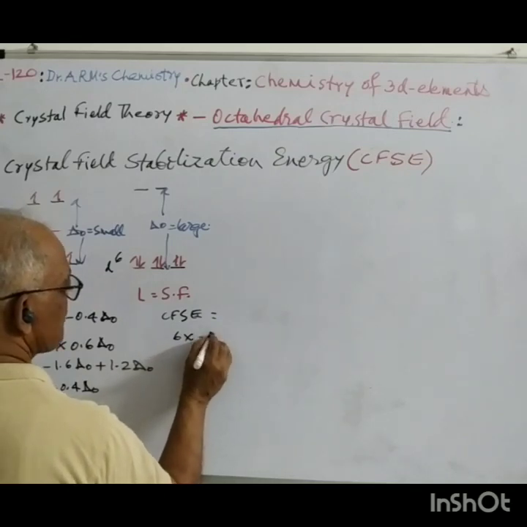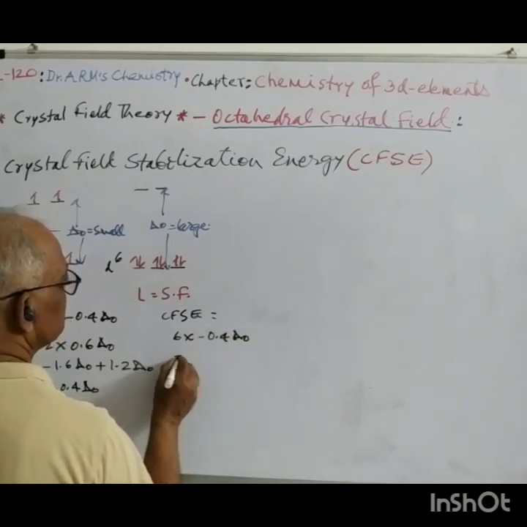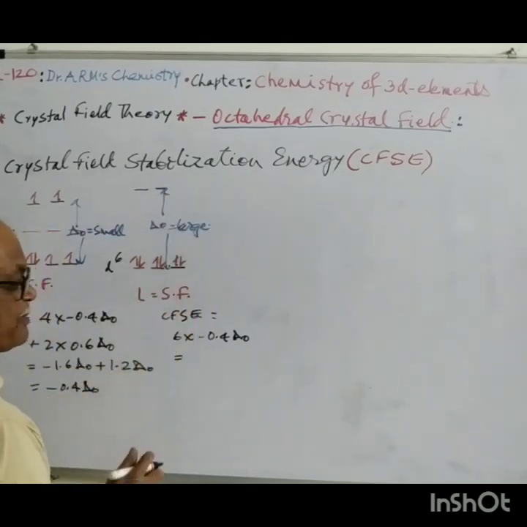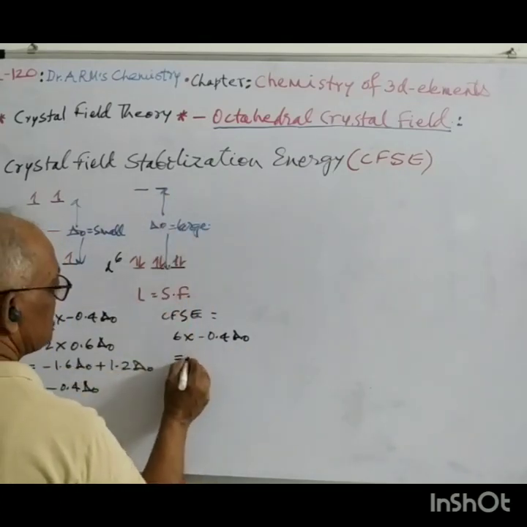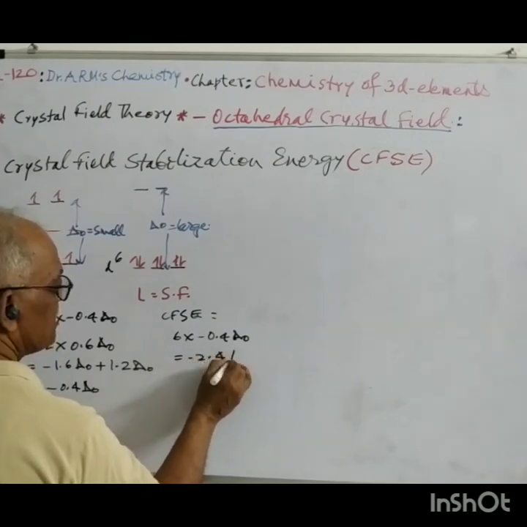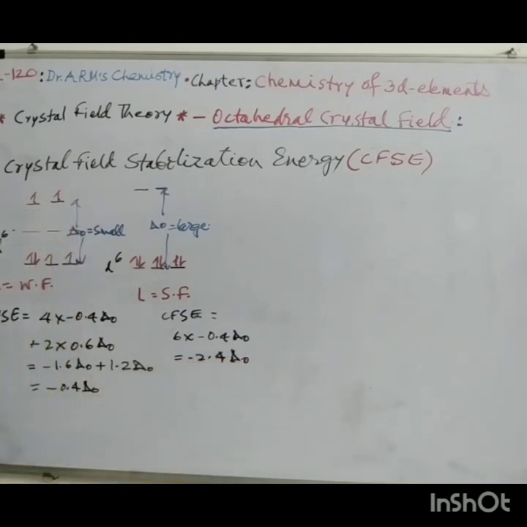So 6 into minus 0.4 delta O. There is no electron in the eg orbitals, so we have minus 2.4 delta O. So if we compare the CFSE between these two, this is a relatively higher energy complex, and this is the lowest energy complex, that is most stable.